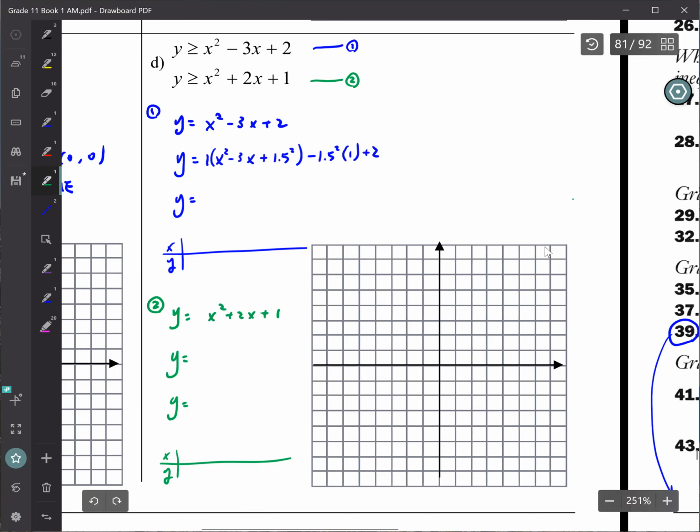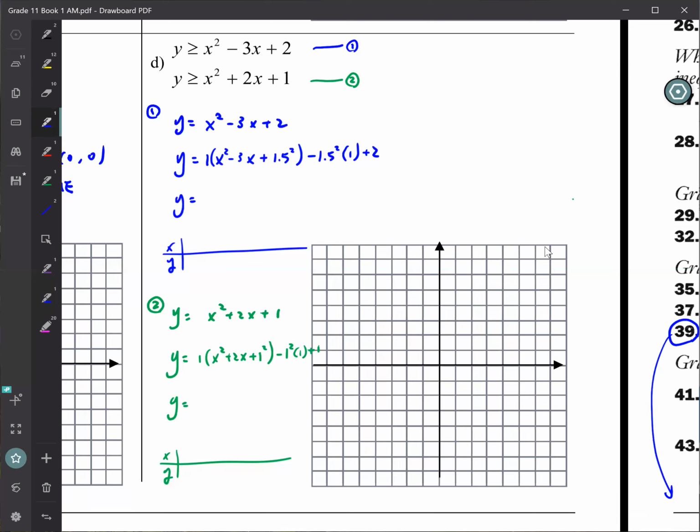Okay, factor A, divide by 2, balance. Please raise your hand when you got the APQ form for both.